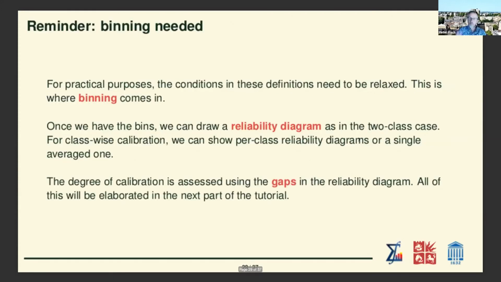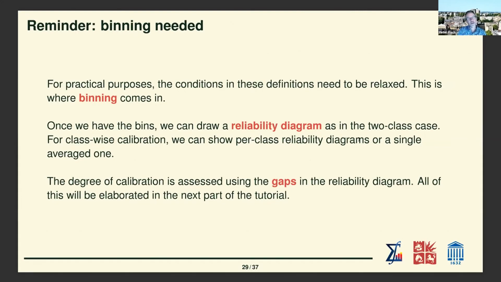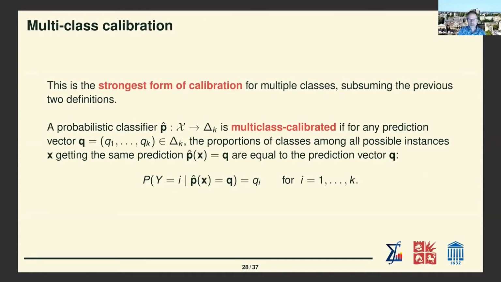And just to remind you, and this will come back a couple of times during the tutorial, these are theoretical definitions. So all these formulas have an equality. So the empirical probability equals the predicted probability, either for the whole vector or marginal or for the argmax. But of course, this equality needs to be relaxed, and that is where binning comes in.